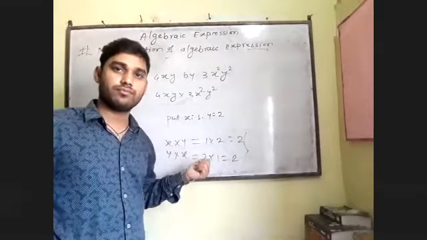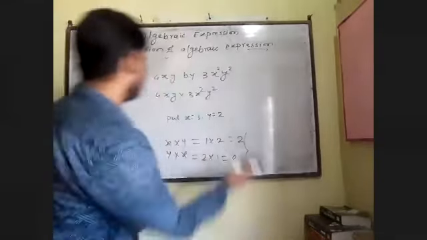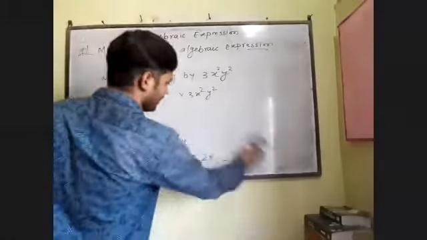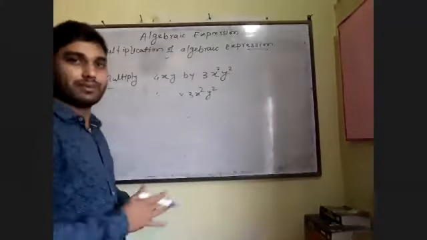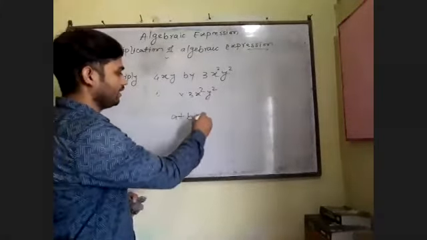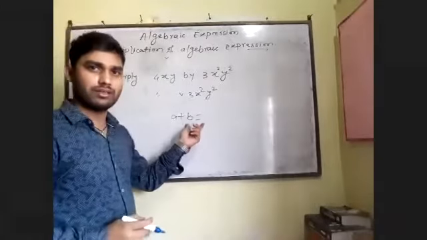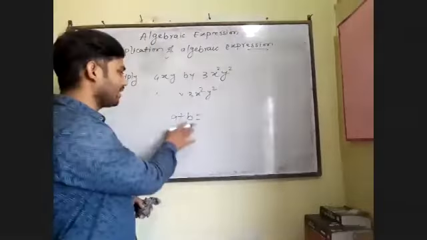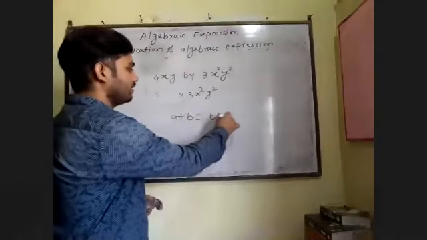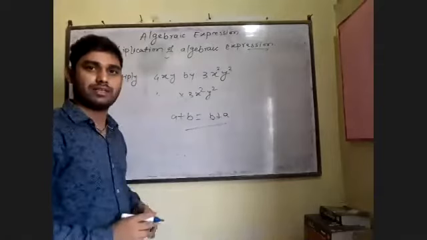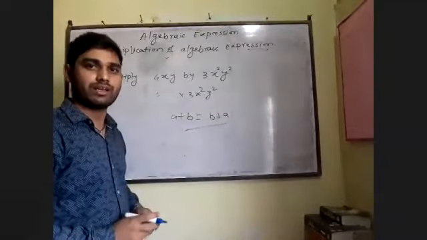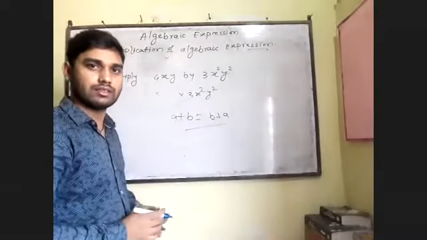We studied the commutative property with addition: if a and b are two rational numbers or two integers, whatever, if you write a plus b or b plus a, the value will remain the same.